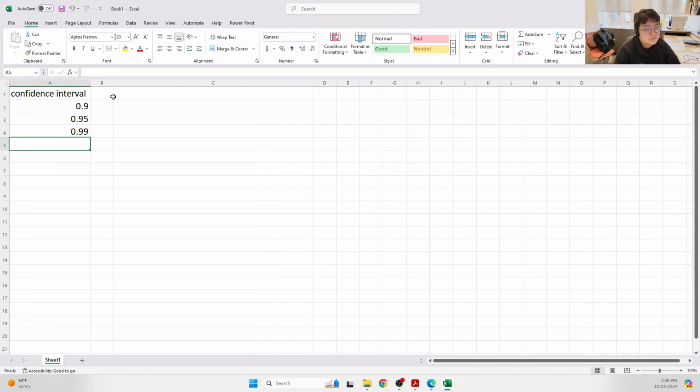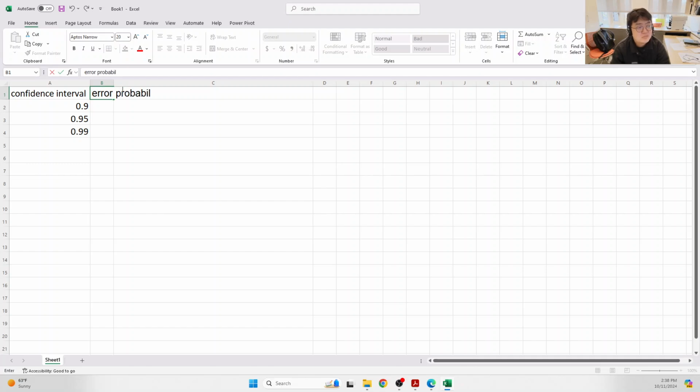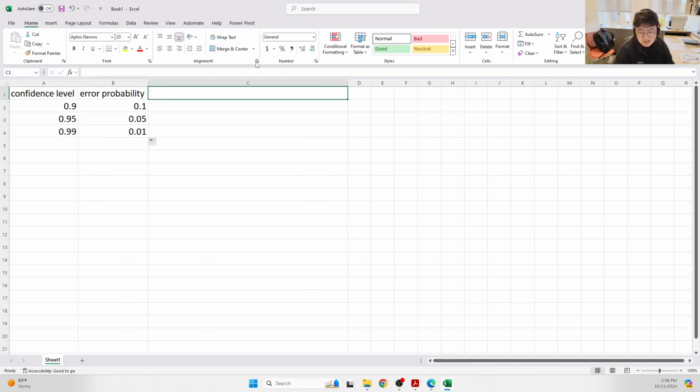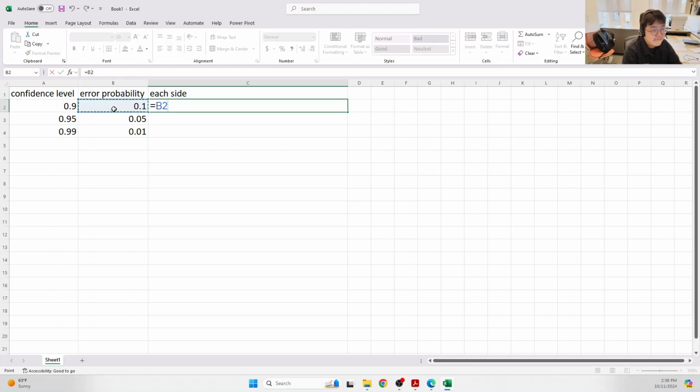And then the error probability will be 1 minus the confidence level, and each side has its half, right?